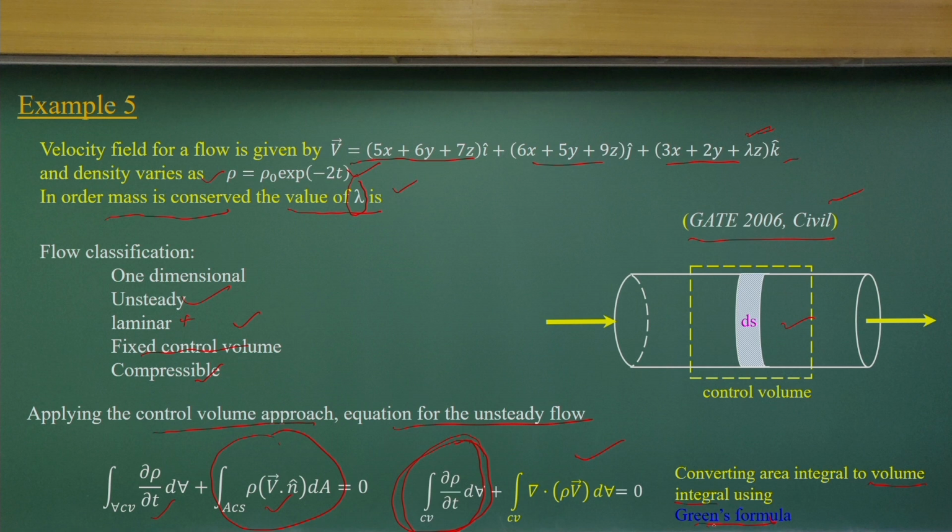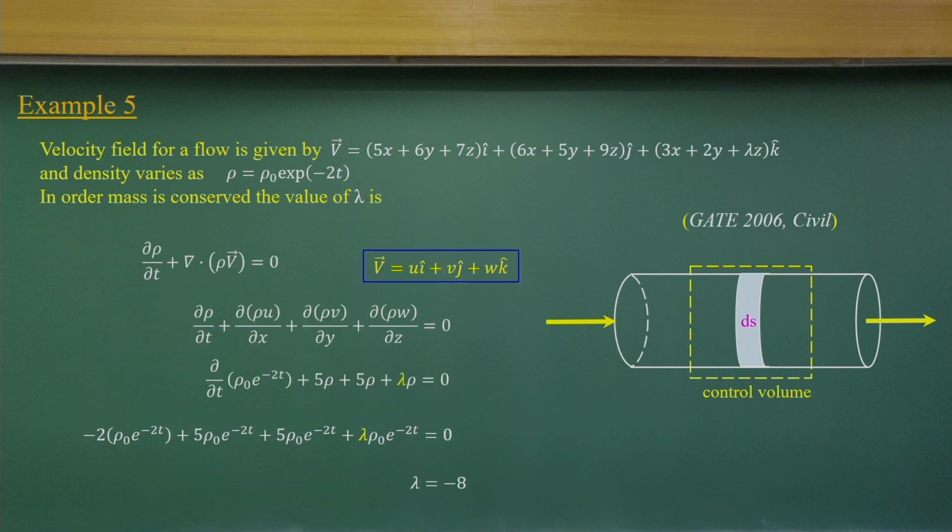If you remember the Green's formula, we can convert this surface integral into a control volume integral with a del dot product. That is the concept we know from mathematics. Now, when you do the integration, the integral can go out, and finally the equation becomes: the partial derivative of rho with respect to time, plus the dot product of the del operator and rho times v.